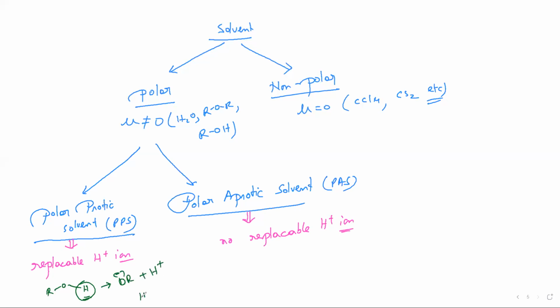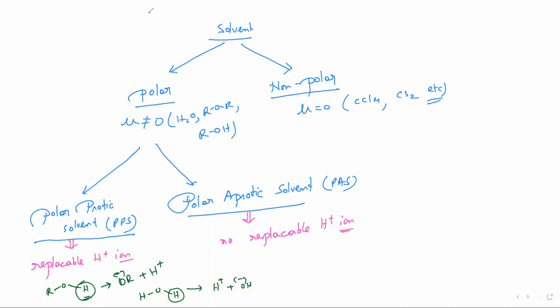The same case for water: after dissociation, it gives H plus and OH minus. Any of the hydrogens can be replaced. Replaceable hydrogen is the main condition for a polar protic solvent.